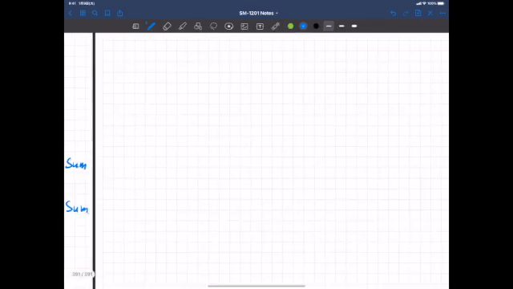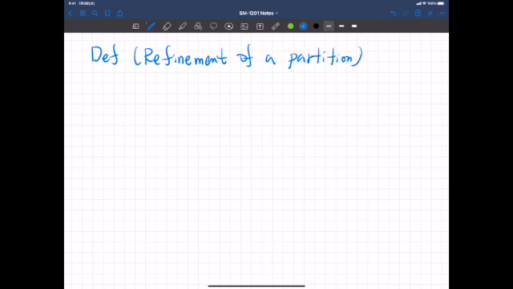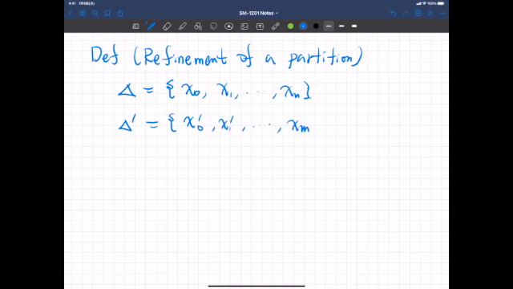Next, we would like to refine a partition. So here's the definition of refinement of a partition. So let's say we have one partition like x0, x1, and so on up to xn, and suppose we have another partition, let's call it delta prime, that consists of x0 prime, x1 prime, and so on, and xm prime.